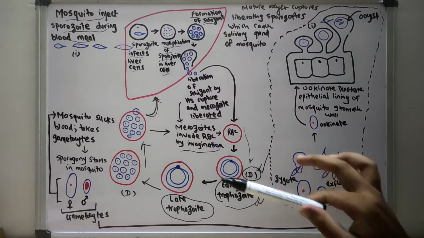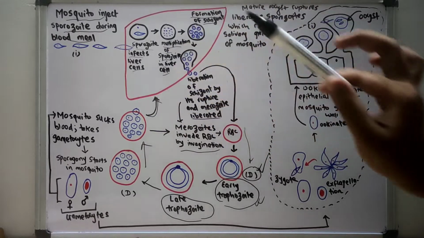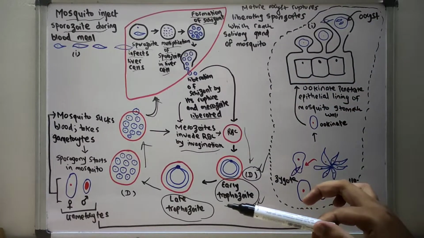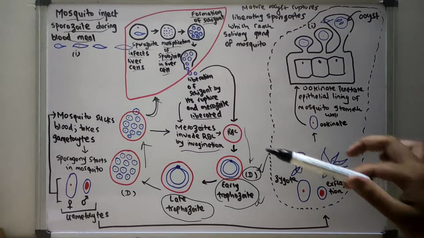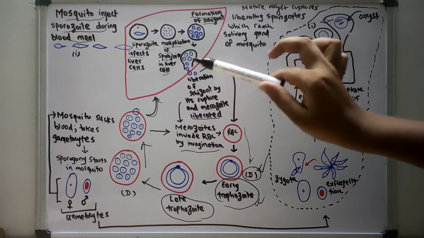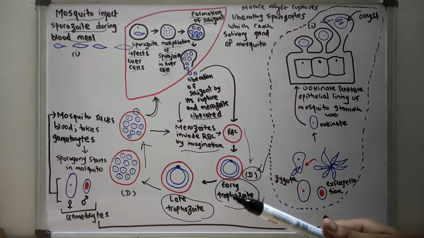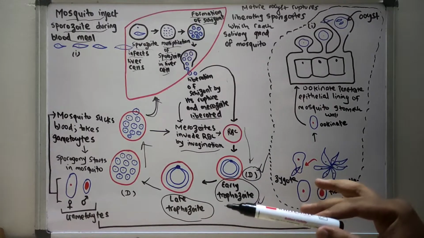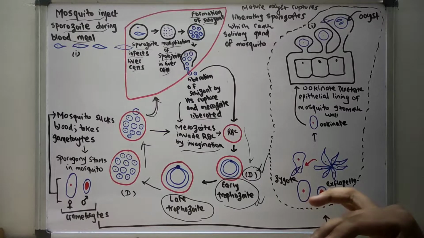So again there is infection in the liver cell, there is formation of the schizonts, and there is liberation of the merozoites from the schizonts, and they can again infect the RBC. The erythrocytic life cycle and the hepatic life cycle can go on and on until we check this parasitic infection with the anti-malarial drug.